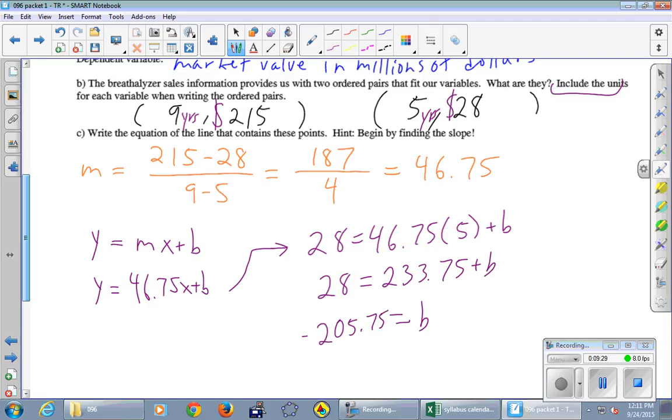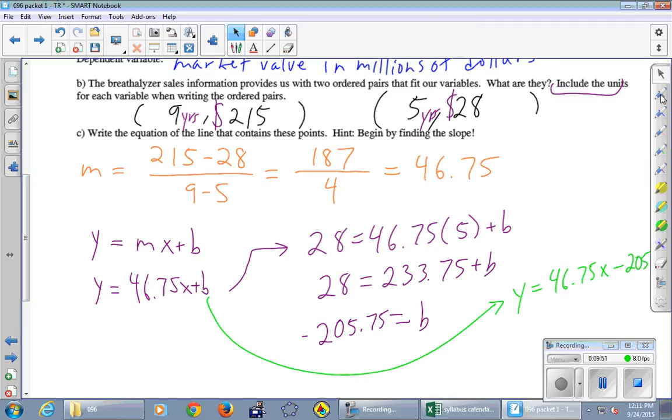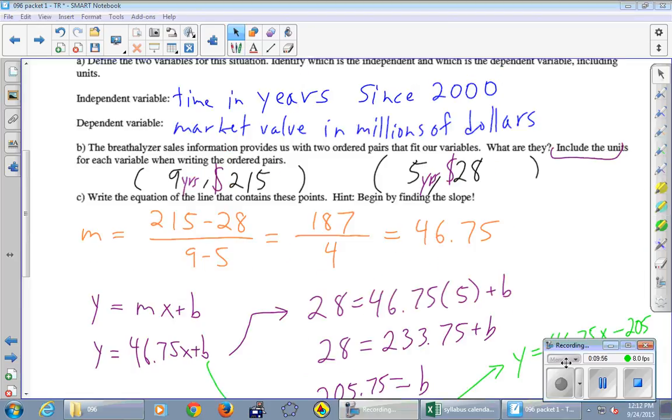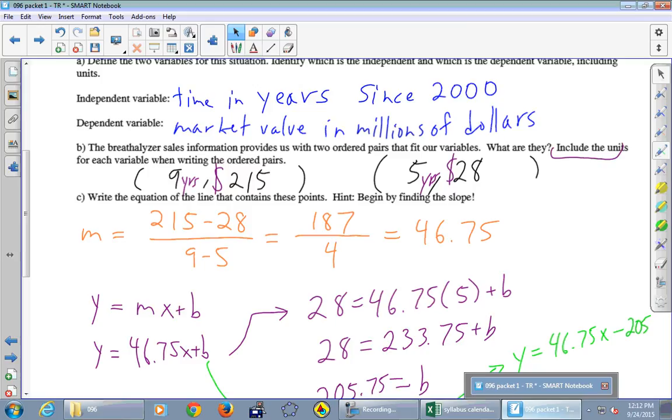And so that means that our final equation is y equals 46.75x minus the b we just found, 205.75. Okay, so there's our equation. Y equals 46.75x minus 205.75.